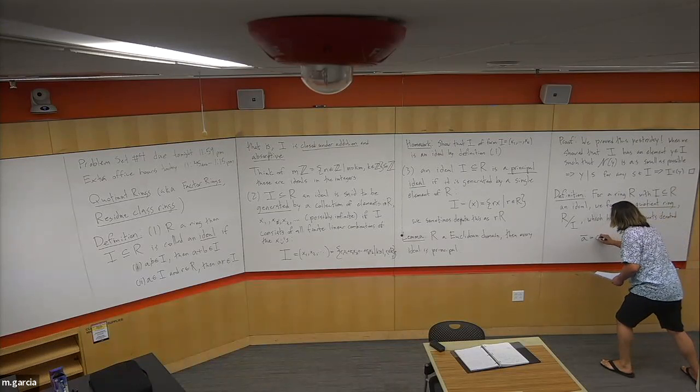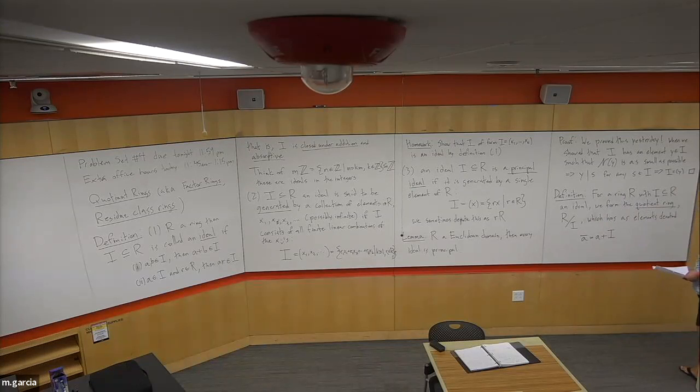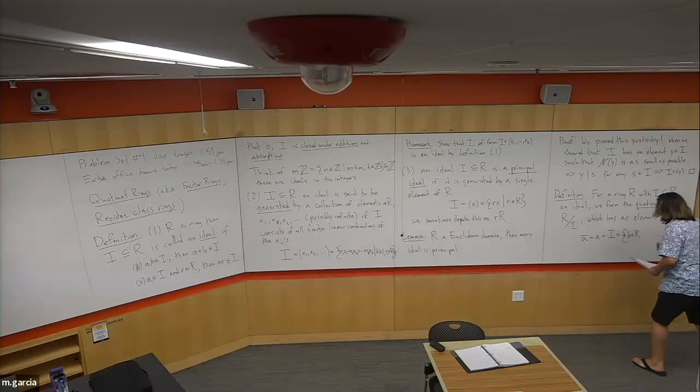Or this is a more ring theoretical notation, a plus I. And both of these are notations for the set of elements b in the ring R such that b minus a is an element of I. Okay.